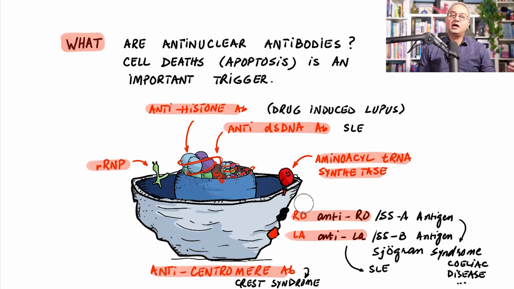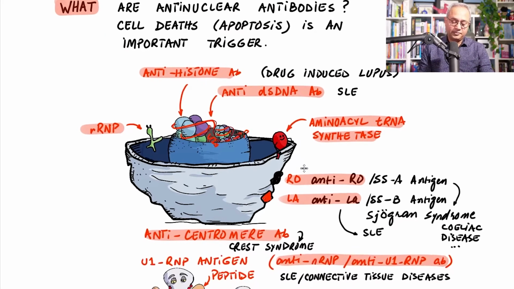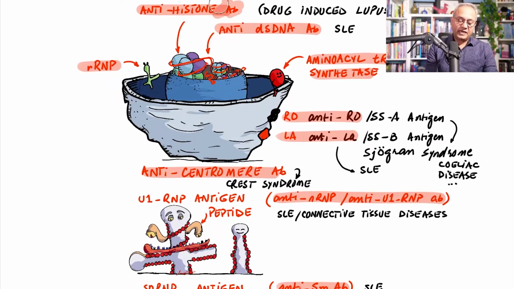So what kinds of antibodies are there? Let's look at them. For example, we can have anti-histone antibodies. Histones are octamers, small spherical proteins that make a complex around which the DNA is wrapped. Our DNA is such a long string that if it is just present inside the cell, it will be all tangled up and become a mess.